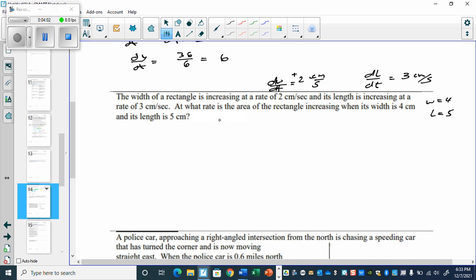So here is my area formula. It's L times W. And remember, we want to use the product rule here. So f prime of x is dl/dt, g of x is W, g prime of x is dw/dt.